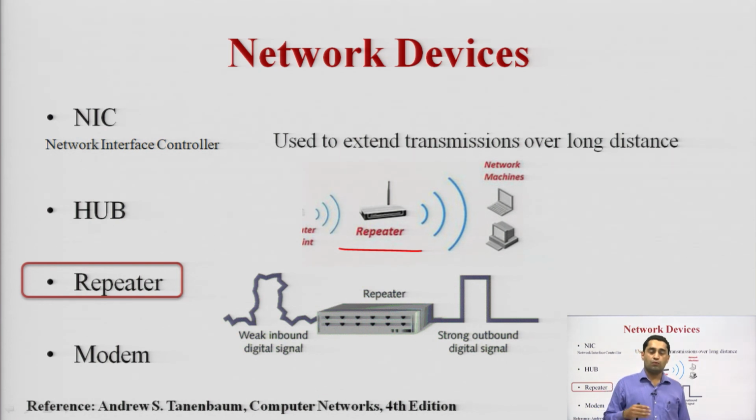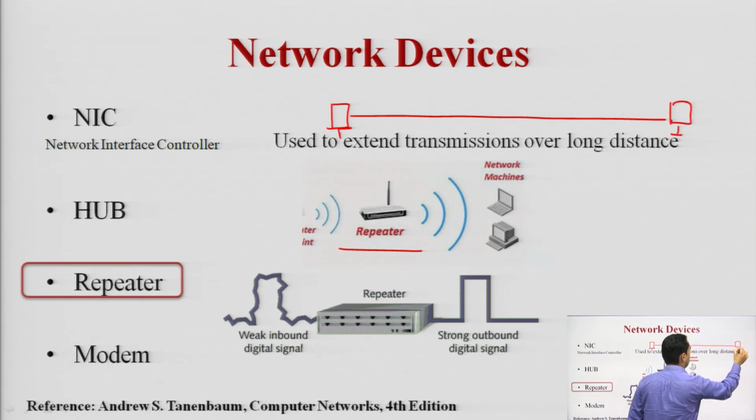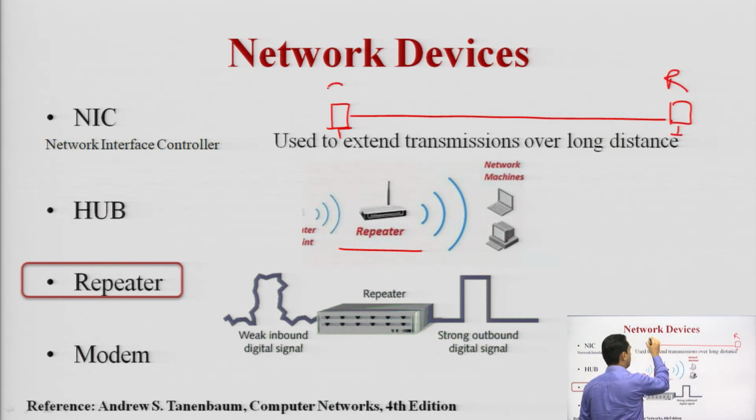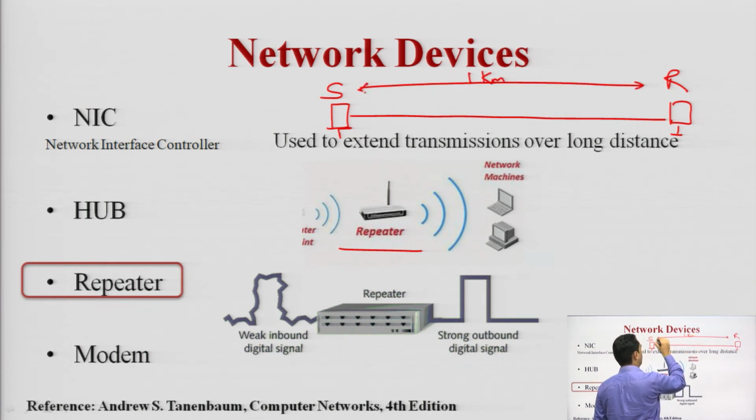Why are we talking about this? Let me give one example. Suppose I am the sender, the receiver is approximately 1 kilometer away, and for the transmission of data I am using twisted pair.